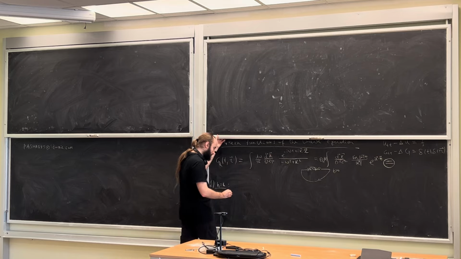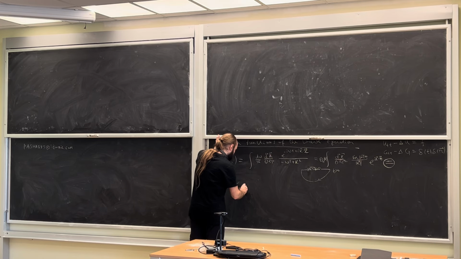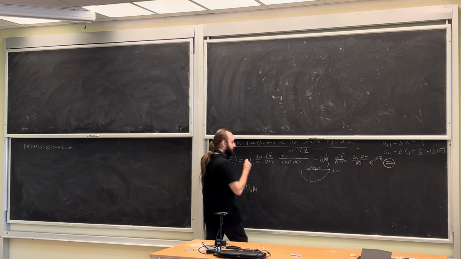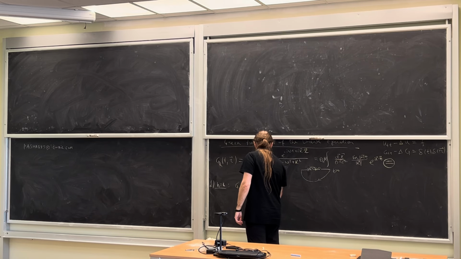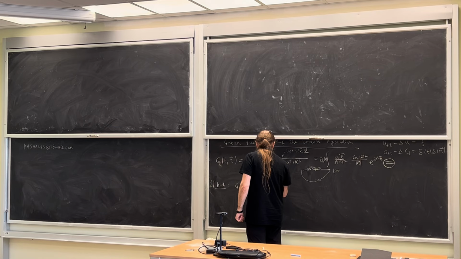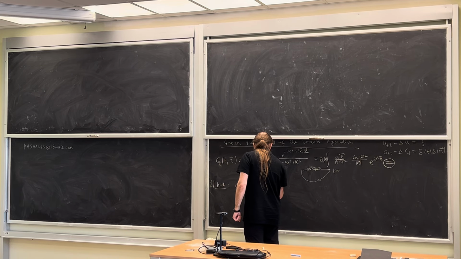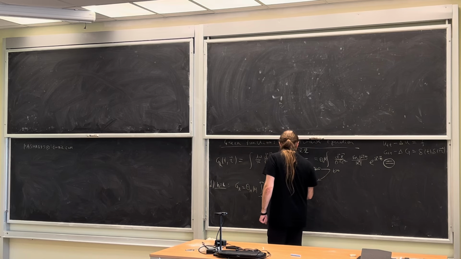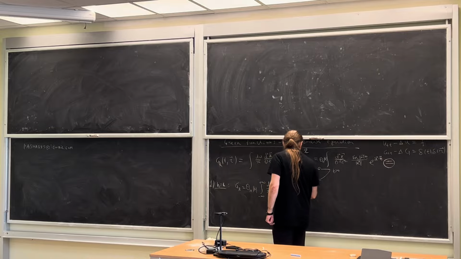So in this case, we have theta times the integral from minus infinity to plus infinity, dk over 2 pi, sine of absolute value of k t over absolute value of k, e to the i k x.